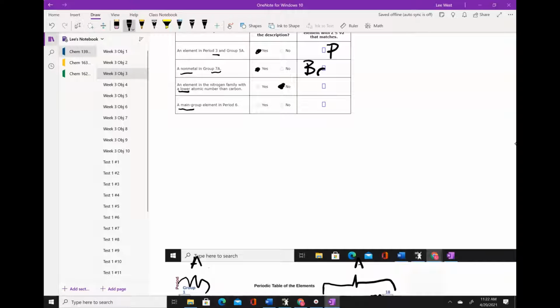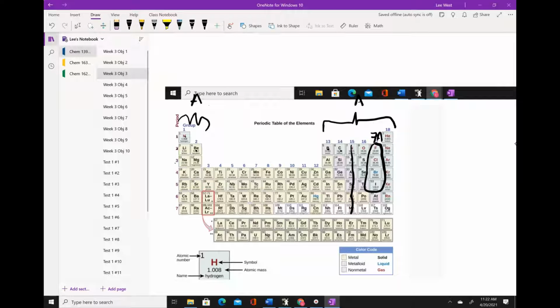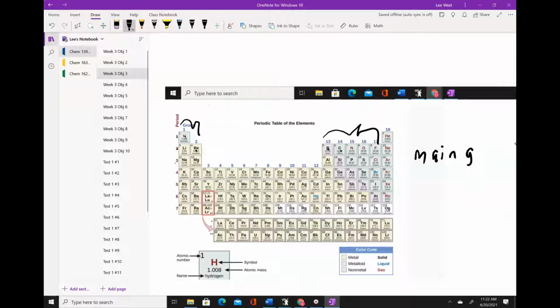And it says a main group element in period 6. So what we want to recognize is that the main group elements are groups 1A and 2A, and then 3A through 7A. These are called the main group elements. They're also referred to as the representative elements. They're kind of like the ones that are just very vanilla. They do everything in a very predictable manner.